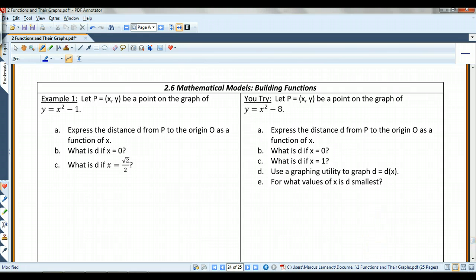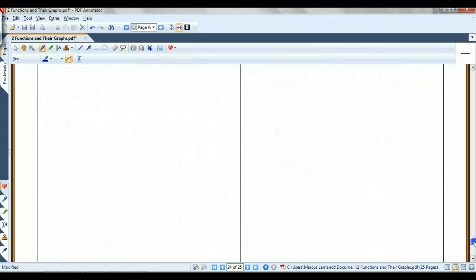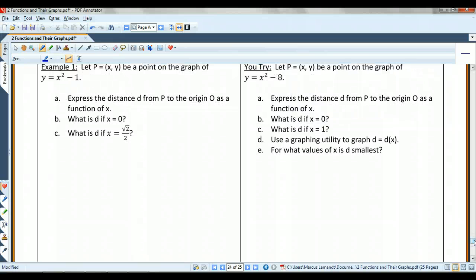Okay, so first thing, here we have y = x² − 1. Anytime you're trying to find the distance between 2 points, let me draw what this graph looks like. x² − 1 goes down 1, so here's the graph.